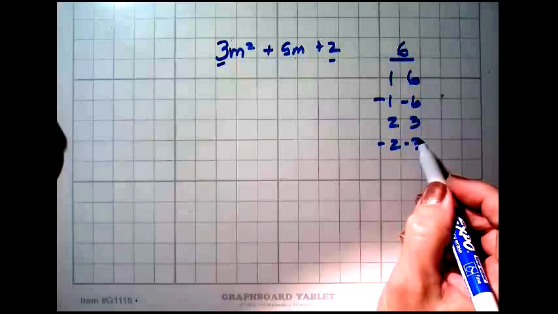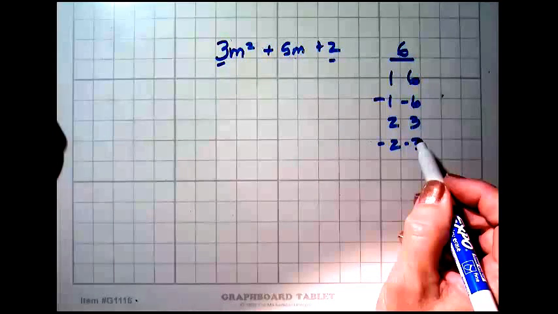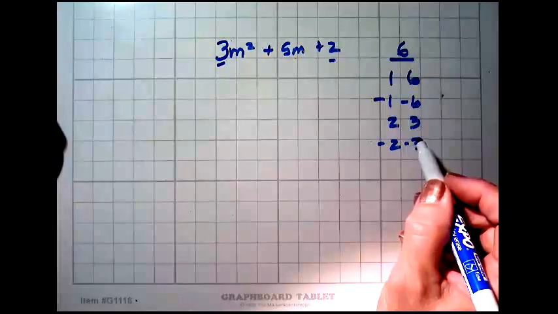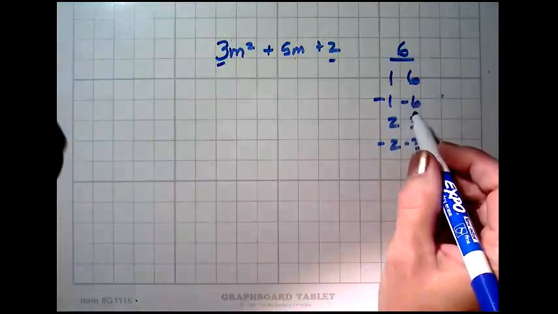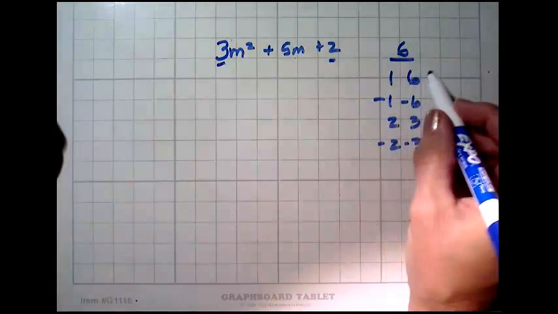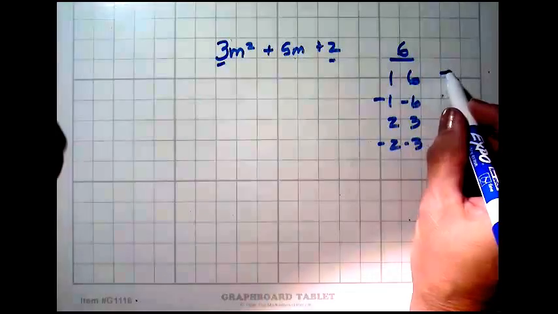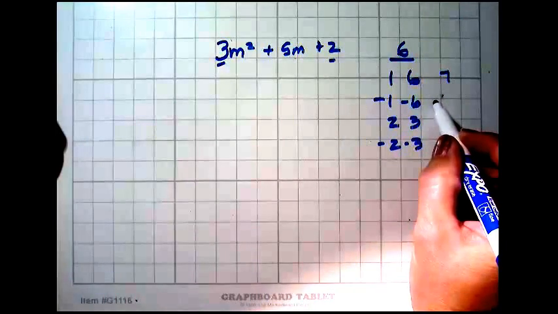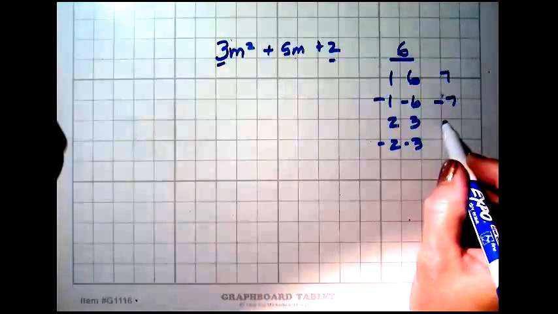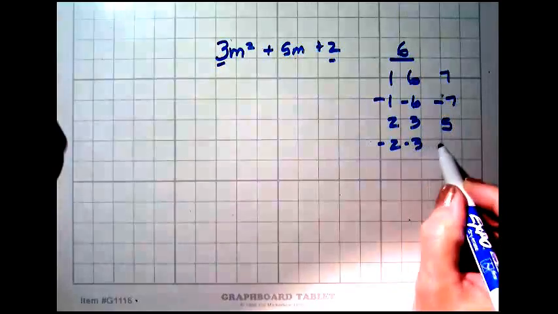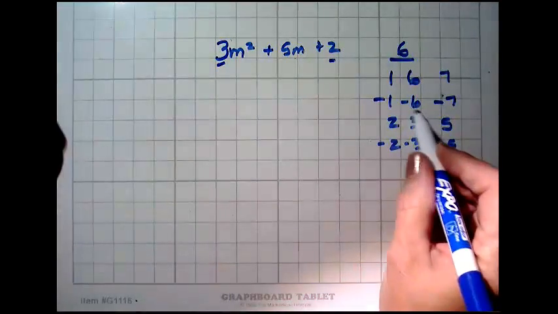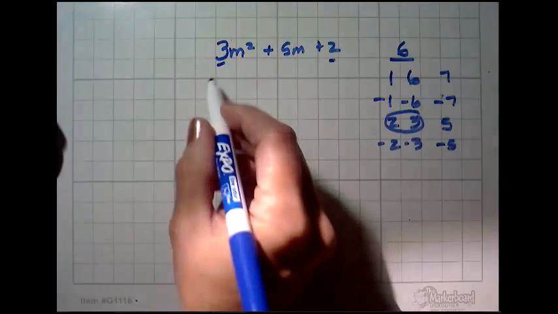And just like when we factor the quadratic when a equals 1, we're going to add these up and see which gives us a sum of 5. 6 plus 1 is 7, negative 6 and negative 1 is negative 7, 2 and 3 is 5, negative 2 and negative 3 is negative 5. So we're going to use 2 and 3, and here's an additional step.